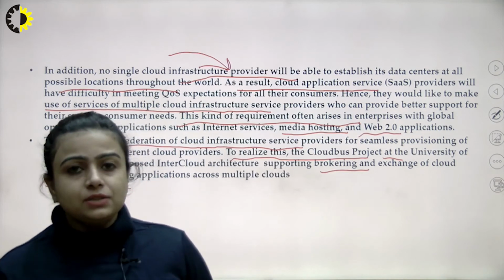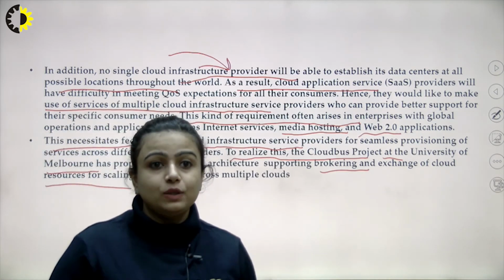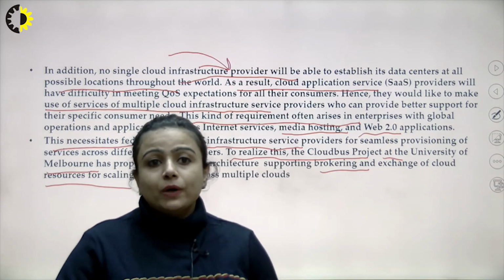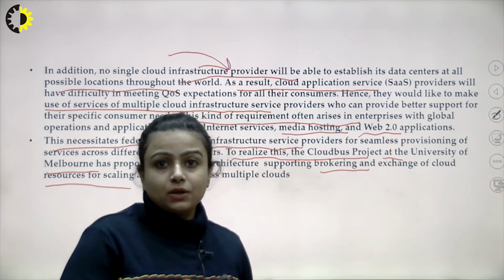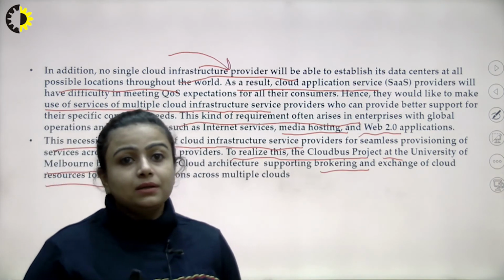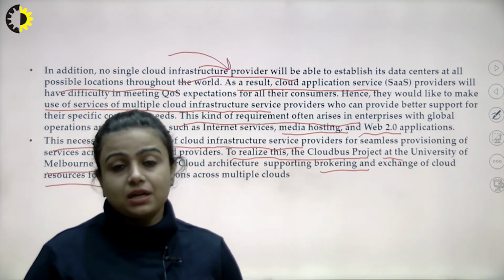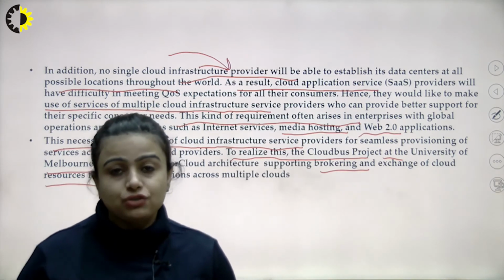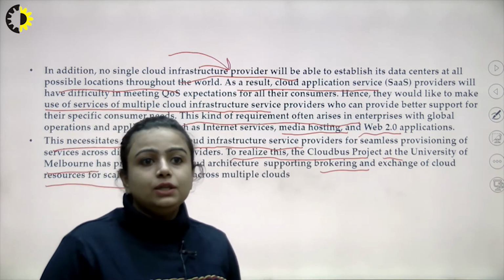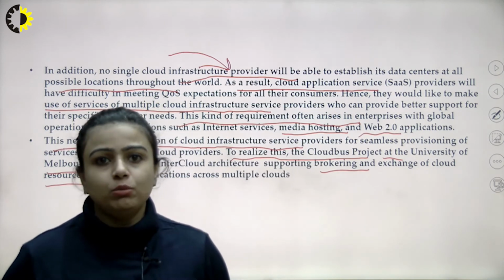So this is what we have to take care of: whatever standards are created within the federation of the cloud infrastructure, to realize the requirements their customers have, the quality of service expectations, the cloud application services, security, usage and multiple cloud infrastructures already on a global platform.